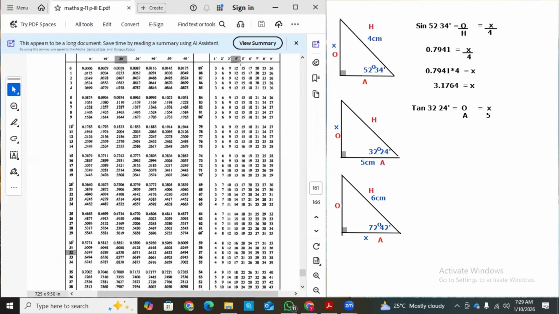We'll join them all. Right, so tan 32, 24. So tan 32 and 20 means it's 63, 30. And 4, under 4 you can find in mean difference 16. So we'll join them both. So 63, 30 plus 16, then the answer is 63, 46. And we'll mark that one here. 0.6346. And that's equals to x over 5.